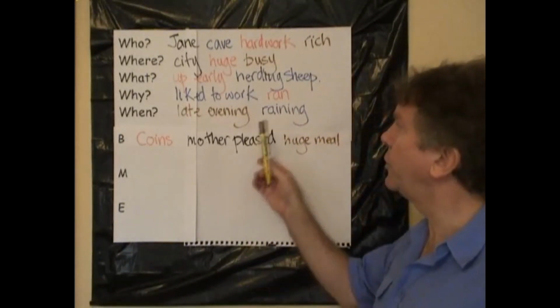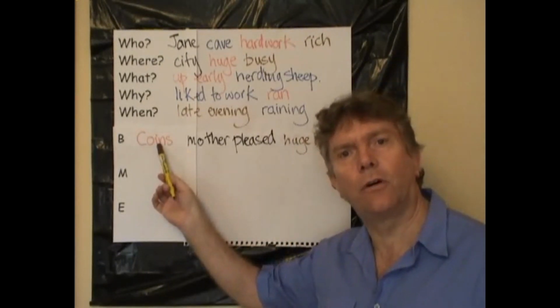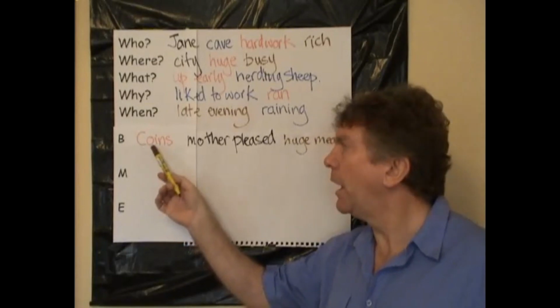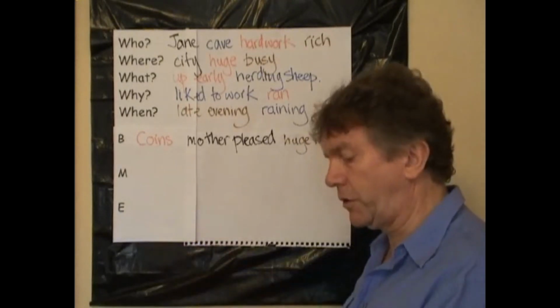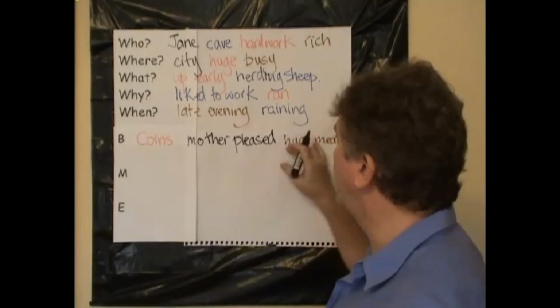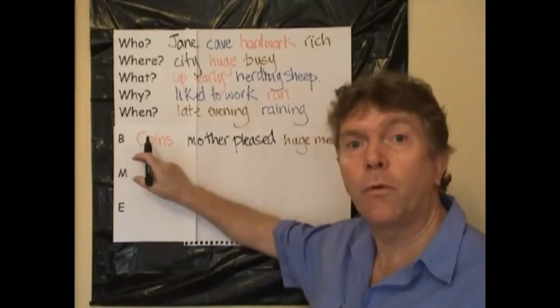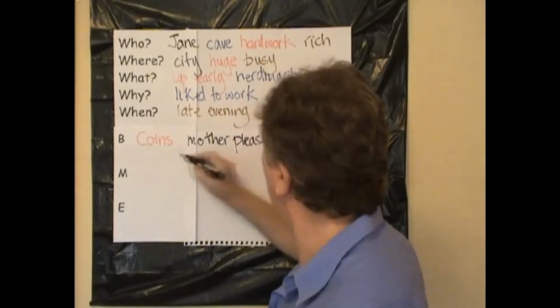Now, one of the things you could say is that she gets these coins, and in Jack and the Beanstalk, you've got it so that he's fooled. Well, it could be that Jane fools somebody, not necessarily because she's evil, but because she's found a way of cheating somebody who didn't know how much the sheep were worth.